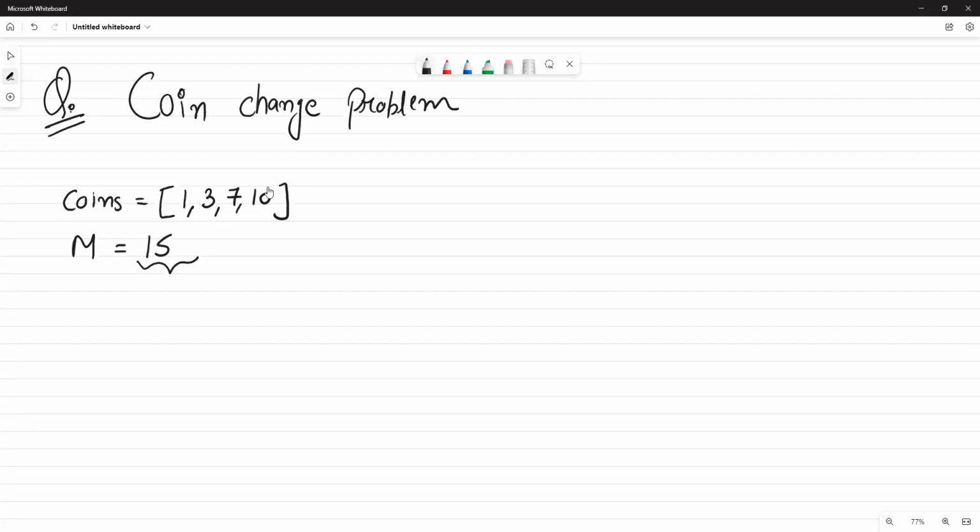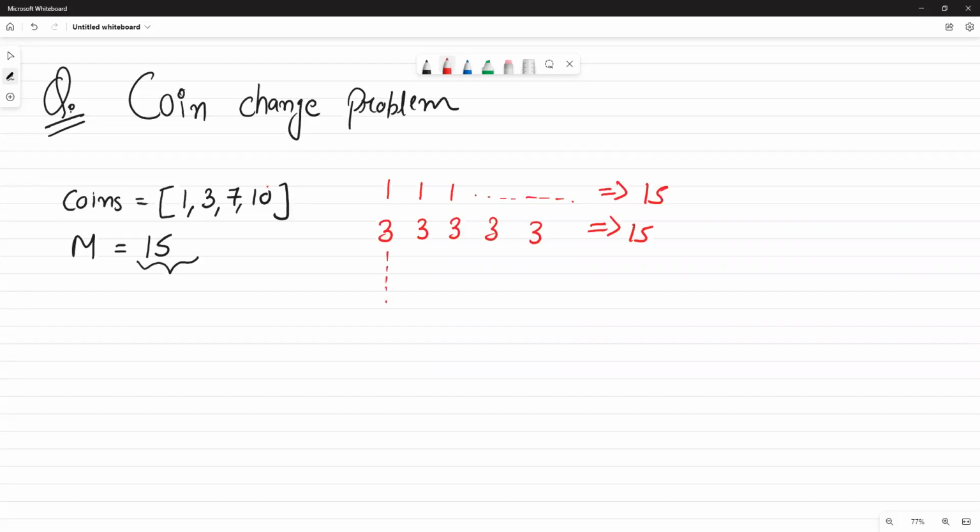So if I tell you the ways, the number of coins in the array is infinite. Okay, so you can take fifteen 1 rupee coins and you will get the change equal to 15. You can take 3 rupee coins 5 times and you will get your change equal to 15. And similarly, there will be multiple ways.